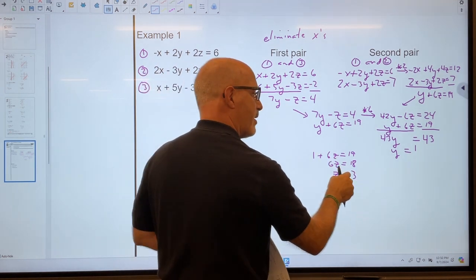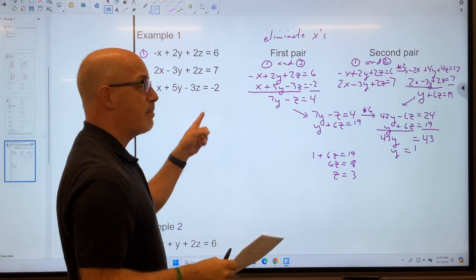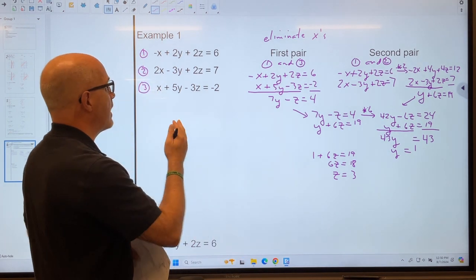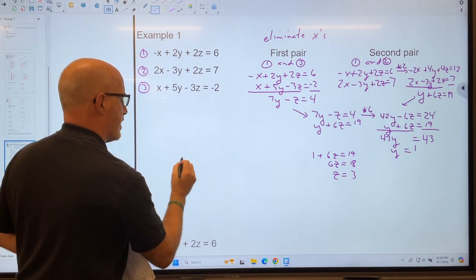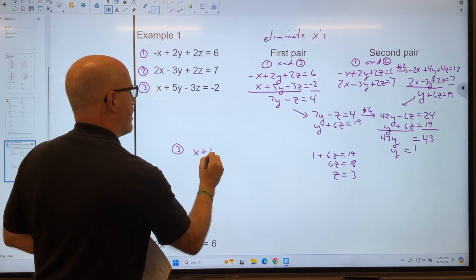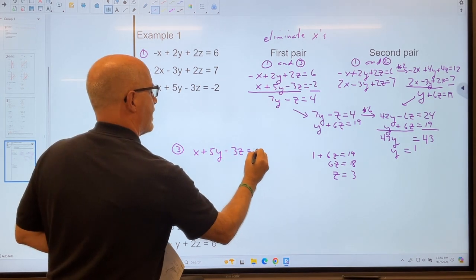So now we have a z and a y. We need to go back and get x. Let's go back to one of the original equations for that. I'm going to pick the third equation. So the third equation, I have x plus 5y minus 3z equals negative 2.